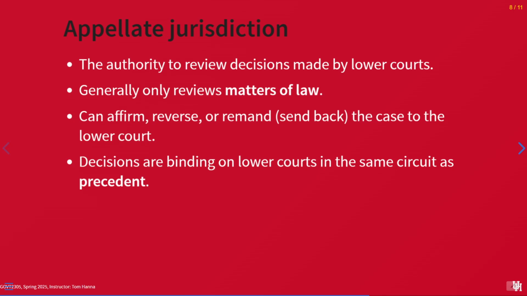They have to follow that principle, that precedent. There's a really common sense reason for this, which is if it gets appealed to the same court, they're going to make the same decision. So you just follow the precedent because it's common sense.